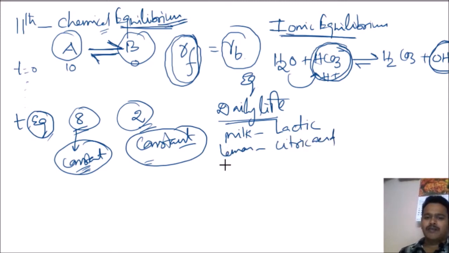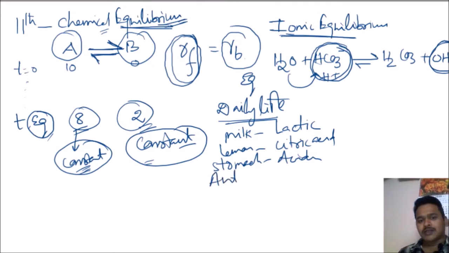In the stomach, some acids are there which are useful for digestion, and they are maintained there. Some other types of solutions, some buffer solutions, we are also going to study. And antacids we use for acidity, those are bases, like Mg(OH)2 and Al(OH)3.